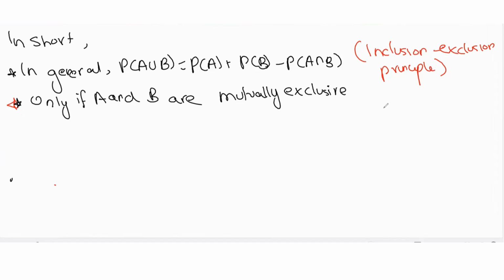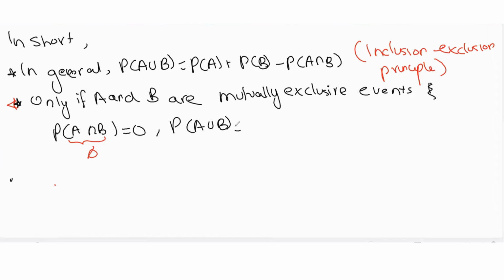So probability of the intersection, which is probability of null set, is zero. So then probability of A union B is probability of A plus probability of B, the sum of individual probabilities.